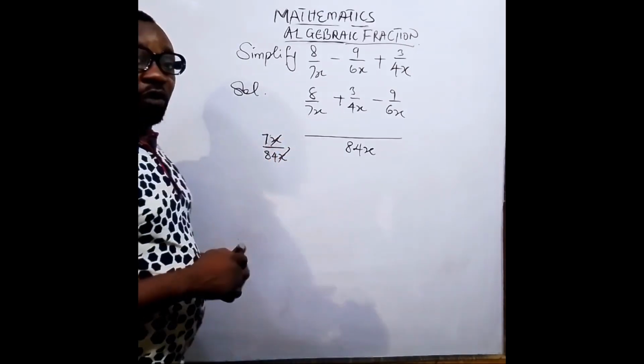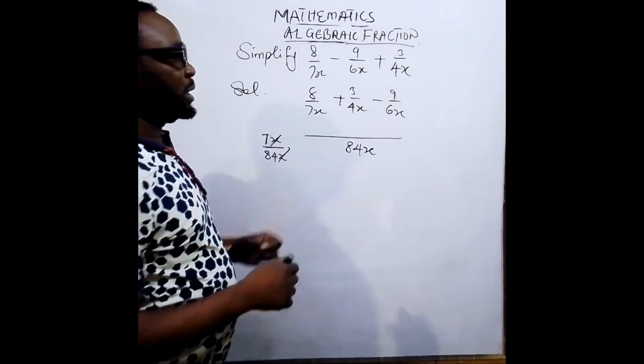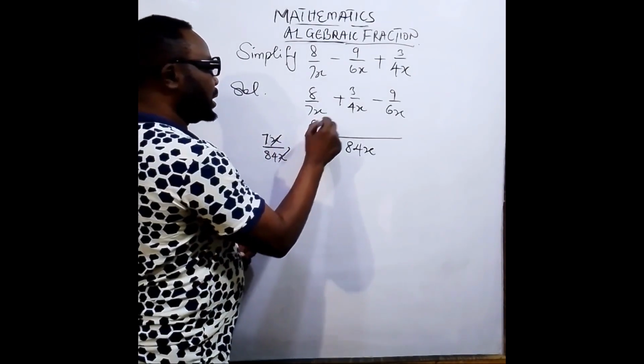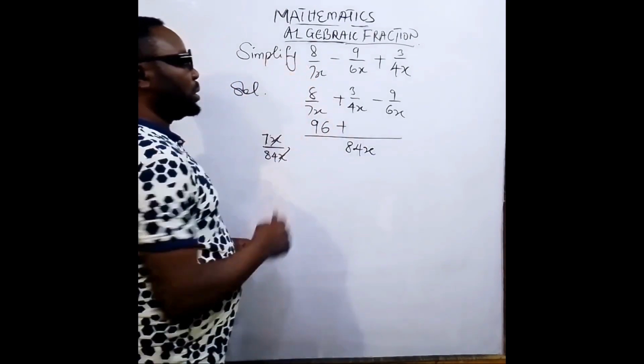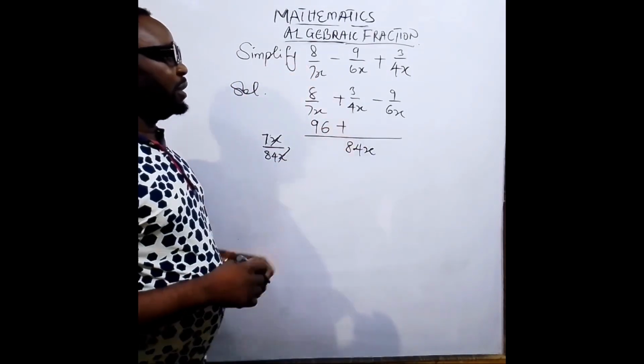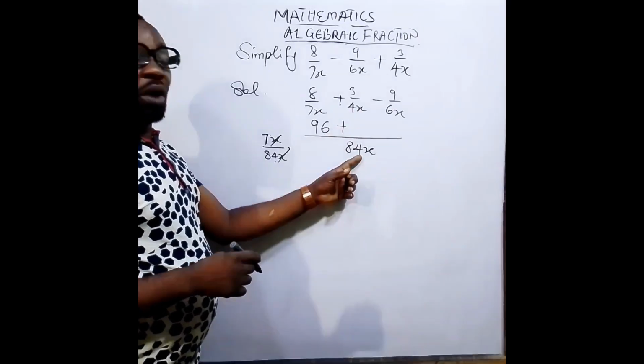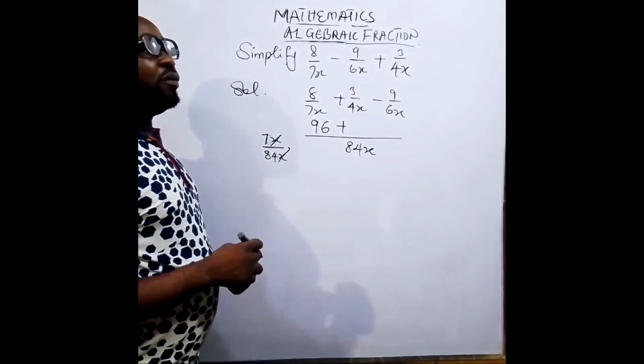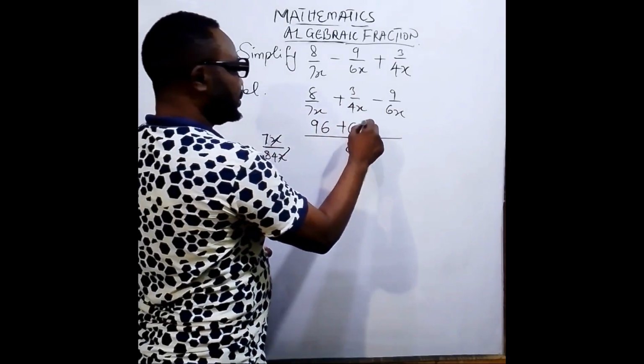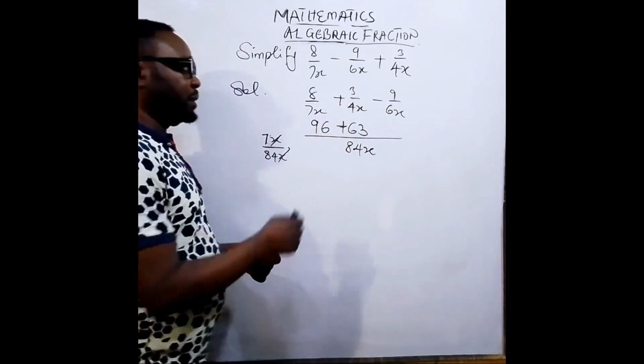7 in 84, that will be 12. 12 times 8 will give us 96. Plus 4x in 84x: 4 in 8 is 2, 4 in 4 is 1, that's 21. 21 times 3 will give us 63. No x again.